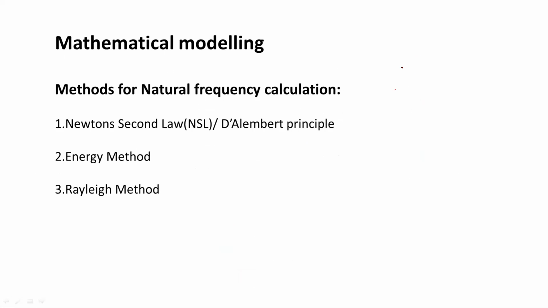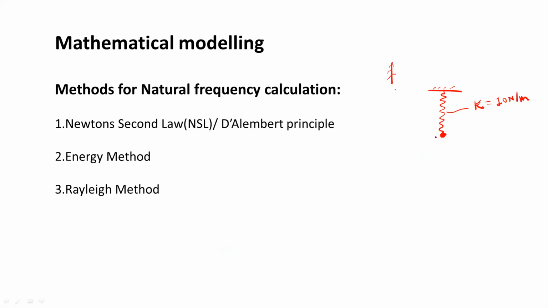Suppose you have one spring. This spring has some value k. Let us take this as 10 Newton per meter. So this is the spring constant.